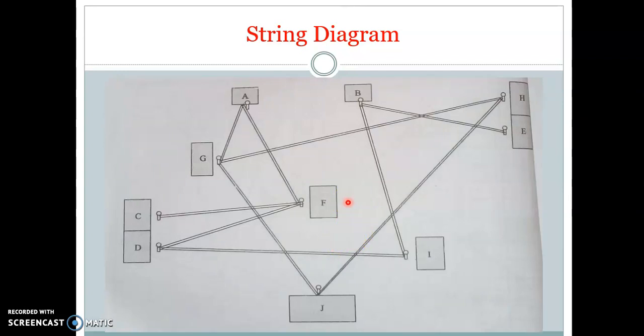So while drawing a string diagram, we have to draw a layout of the shop or working area, and we have to mark the various features such as machinery, workbenches, inspection point, store, etc. Then we have to take a soft board on which we can put the pegs or pins showing the locations of these facilities.